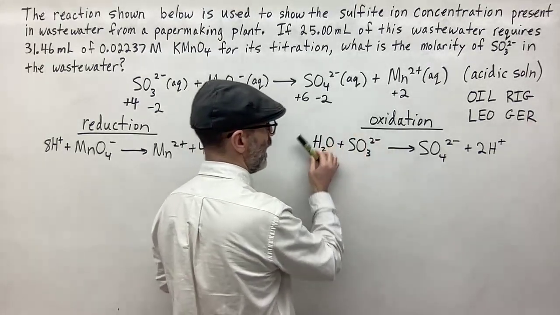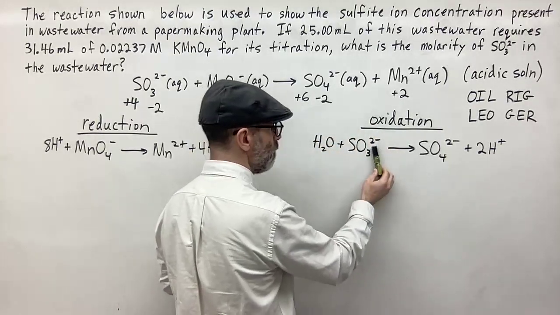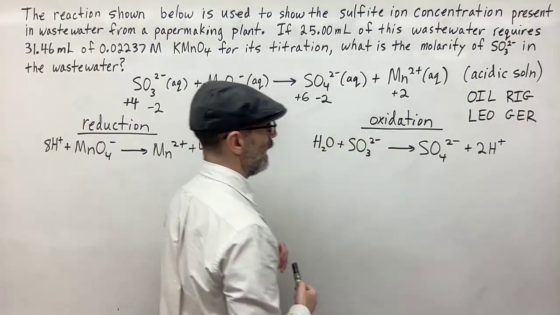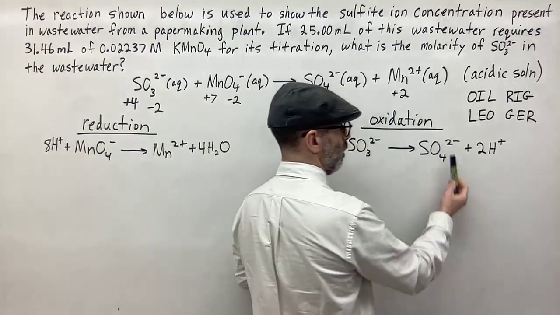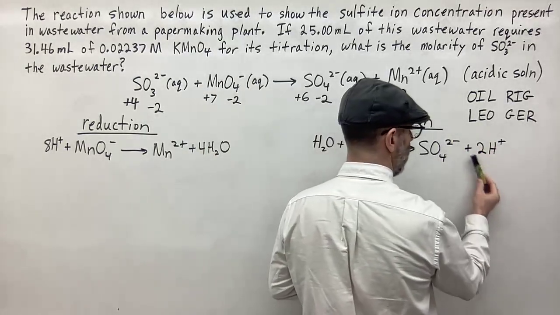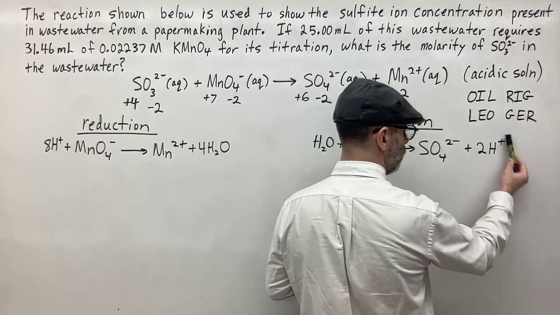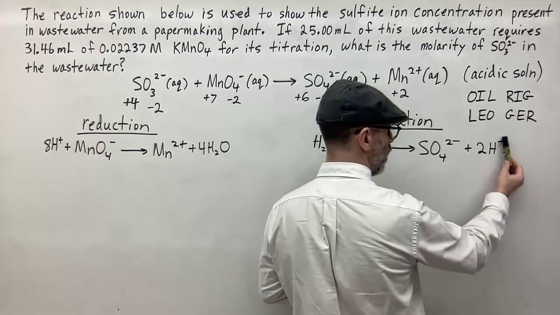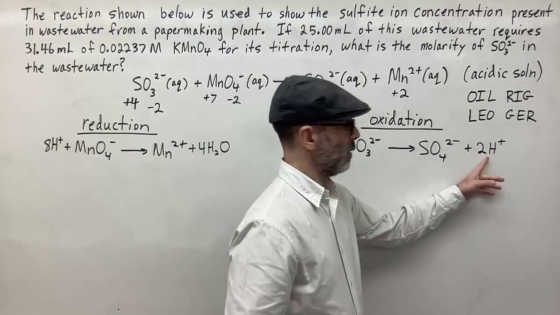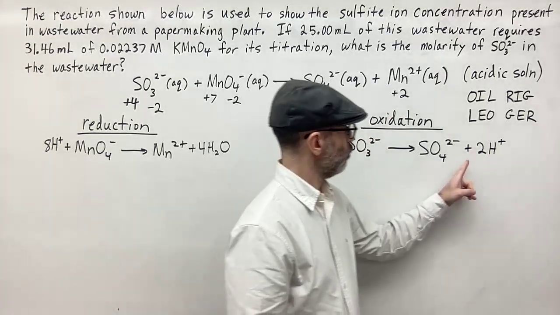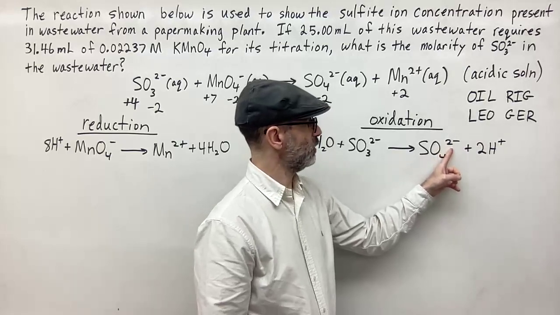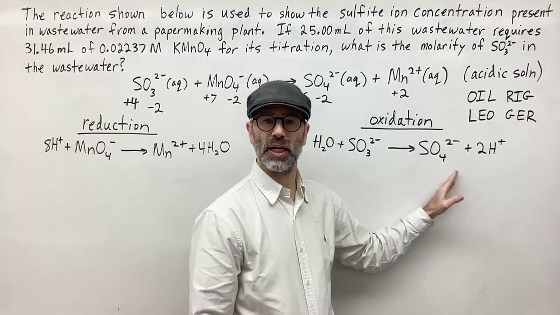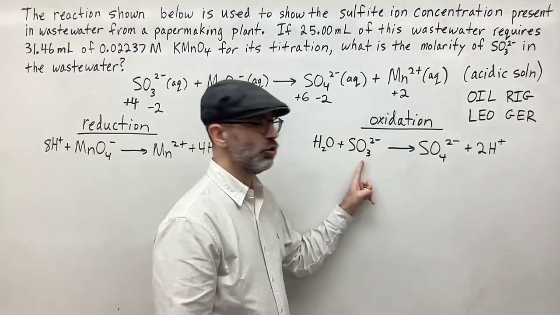So over here, I have a total of a 2 minus charge. But I also have a 2 plus charge over here. So I have a plus charge on my hydrogen, but I have 2 of them. So the 2 plus charge here balances the 2 minus charge. So I have 0 charge over here, but I have an overall 2 negative.